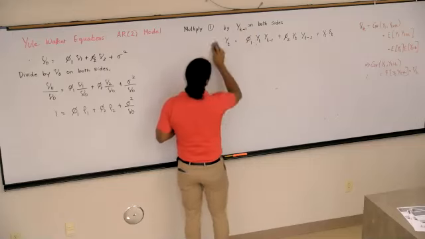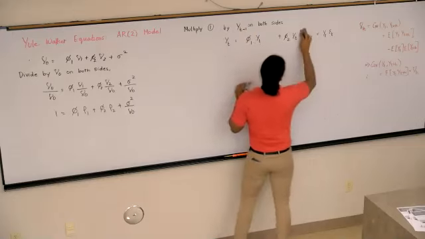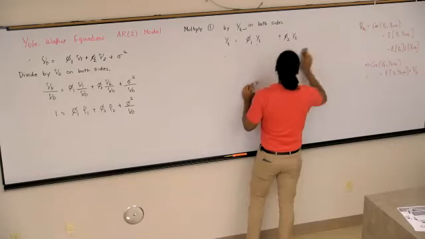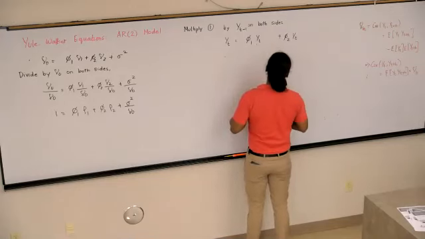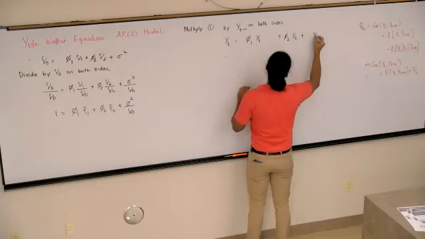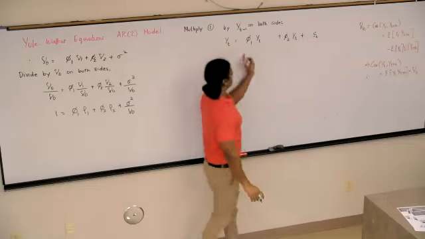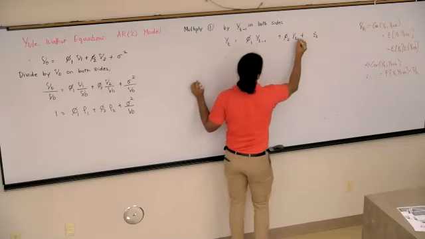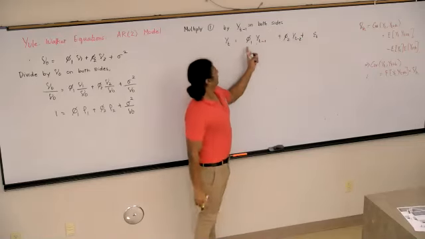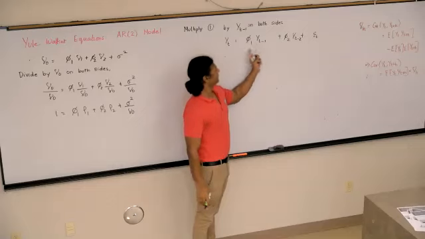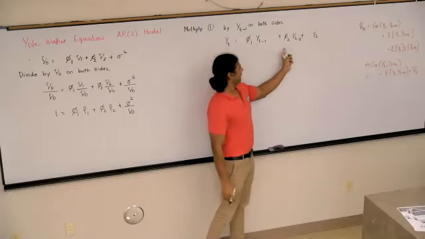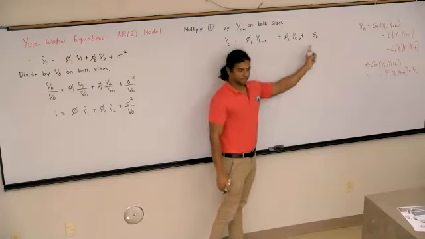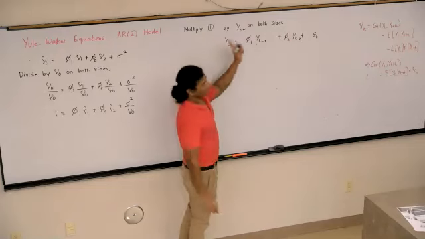This is for the gamma 1. So that is our original equation: yt equals phi1 yt minus 1 plus phi2 yt minus 2 plus epsilon t.